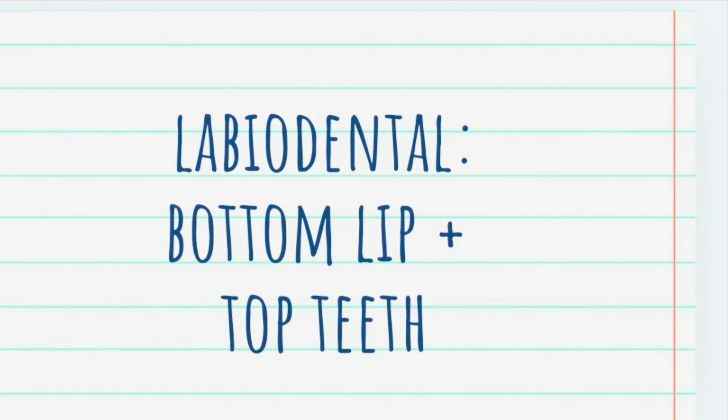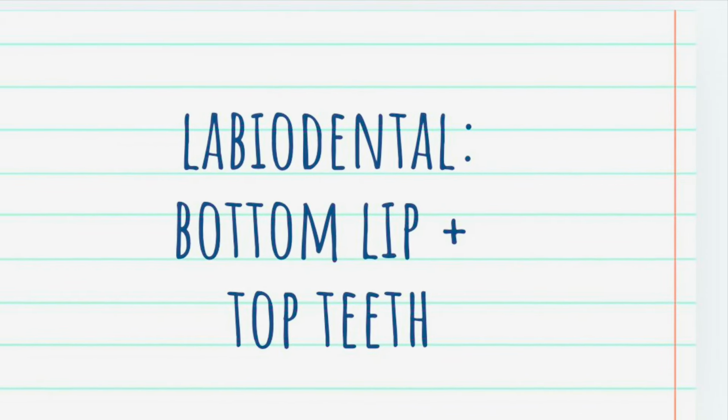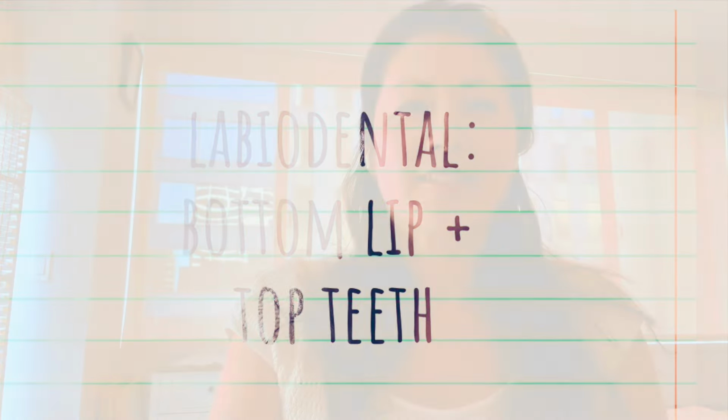Good. The next category is what they call labiodental. That means we've got one lip and we've got our teeth. So it's the top teeth and bottom lip. I'll first give you the voiced sound, which is going to be the v, v.